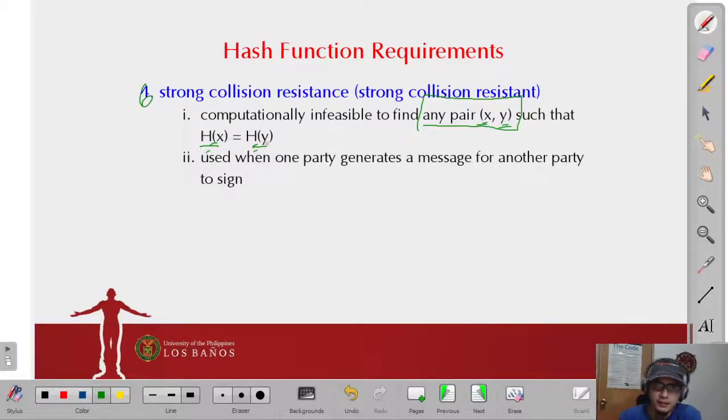So nowadays MD5 is actually no longer used. It's used when one party generates a message for another party to sign. Okay, so that's hash function.